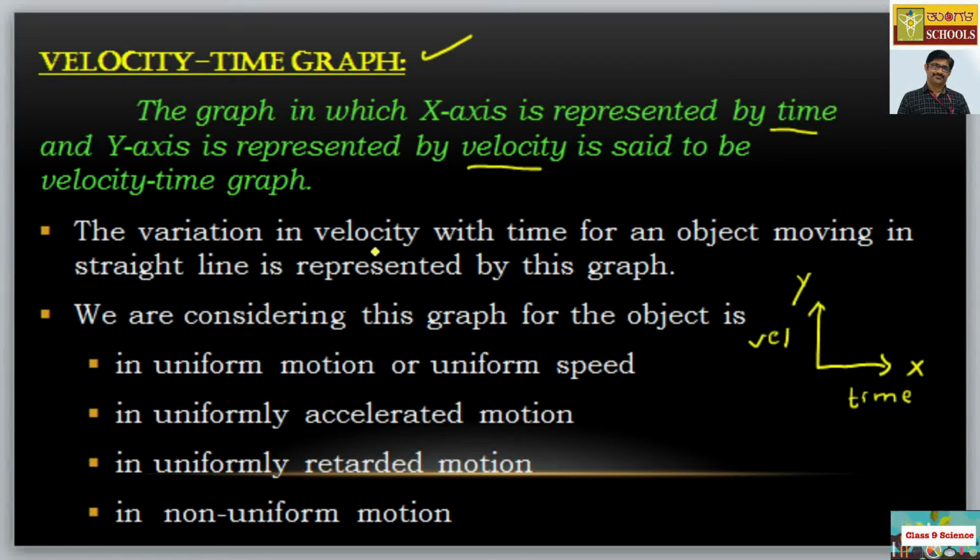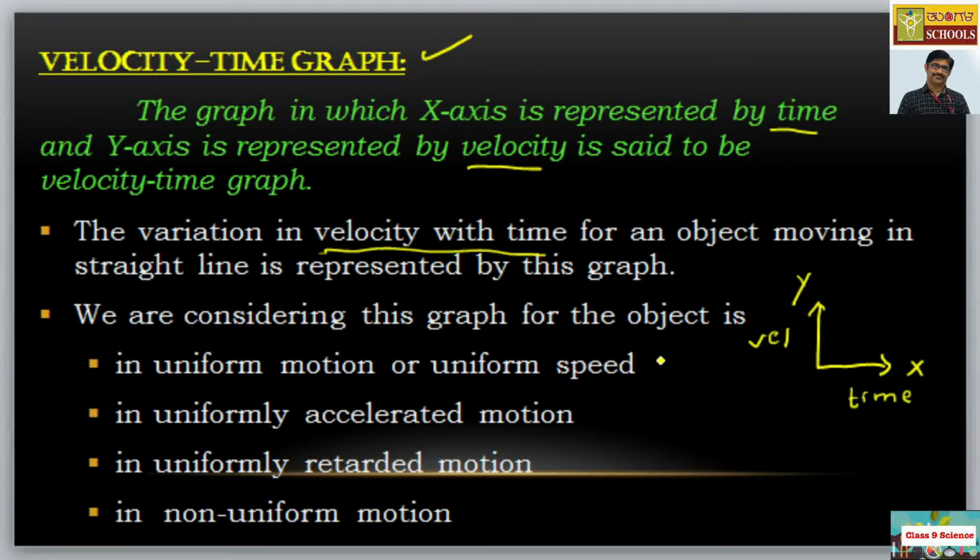The variation in velocity with time for an object moving in a straight line is represented by this graph. Here we are considering this graph for an object in different modes.